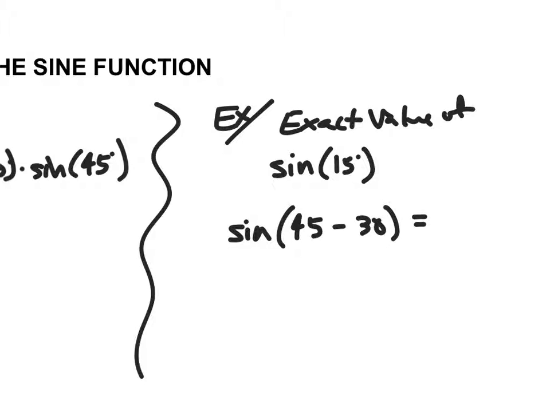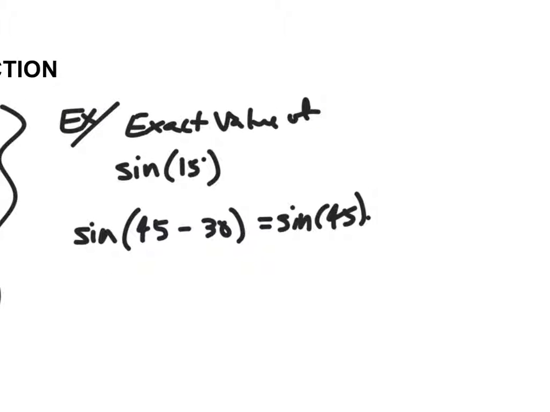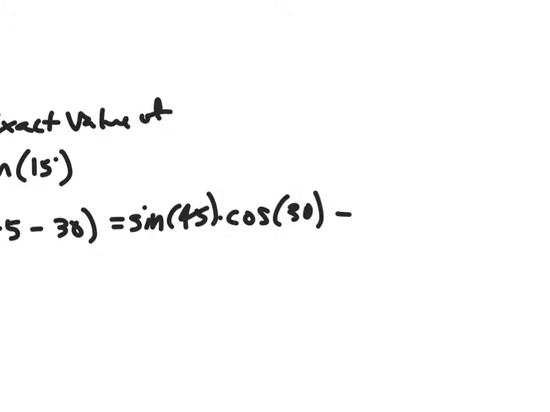Okay. Sine, cosine, cosine, sine. So sine of 45 times cosine of 30 minus cosine of 45 times sine of 30.